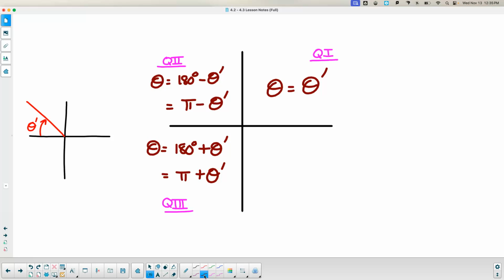In quadrant number 4, our actual theta is going to be 360 degrees minus our reference angle, or 2 pi minus our reference angle.